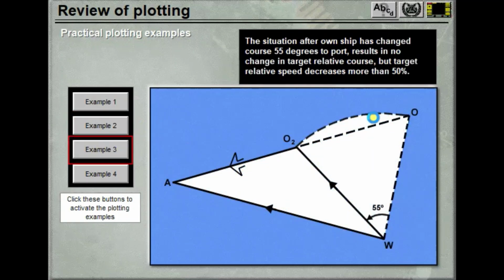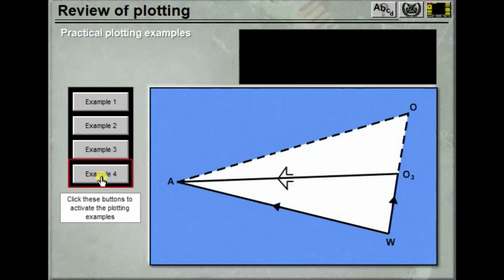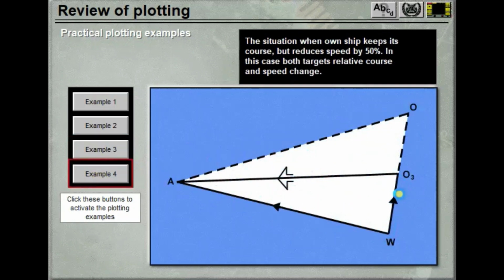The situation after own ship has changed course 55 degrees to port results in no change in target relative course, but target relative speed decreases more than 50%. The situation when own ship keeps its course but reduces speed by 50%, in this case both target's relative course and speed change.